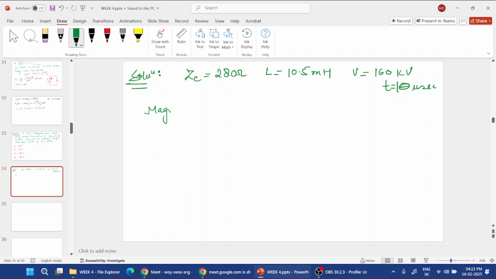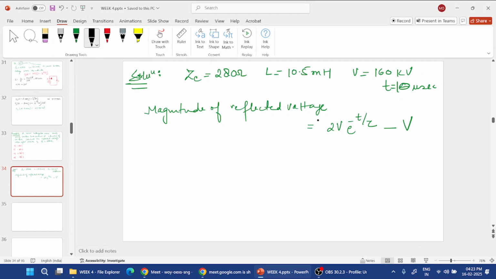So magnitude of reflected voltage is equal to 2V e to the power minus t by tau, minus V, which is the incident voltage.